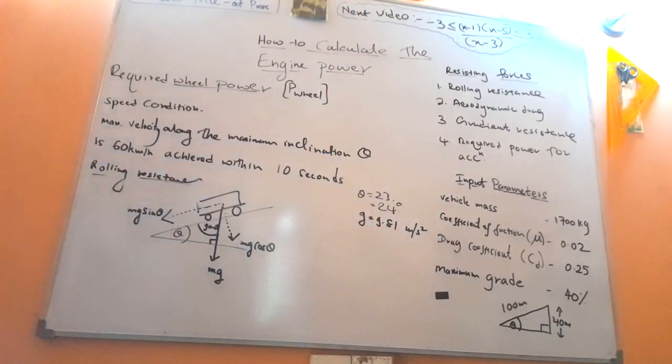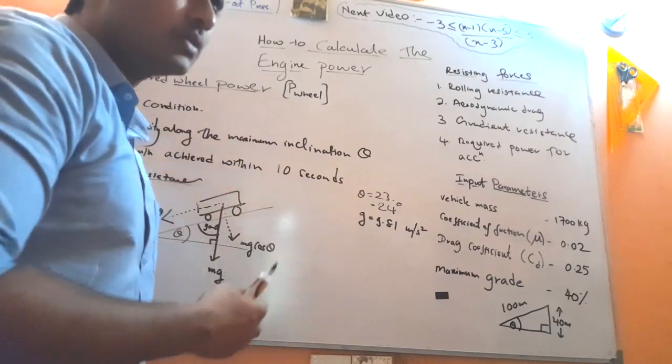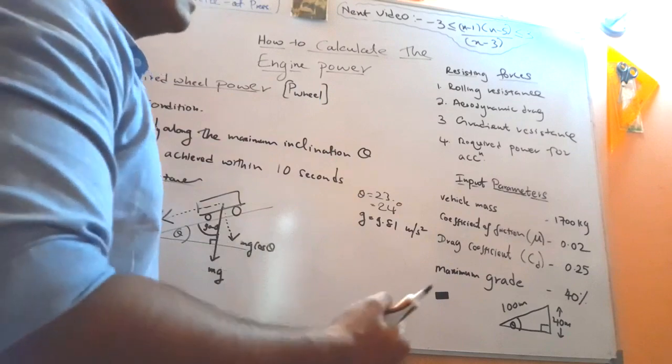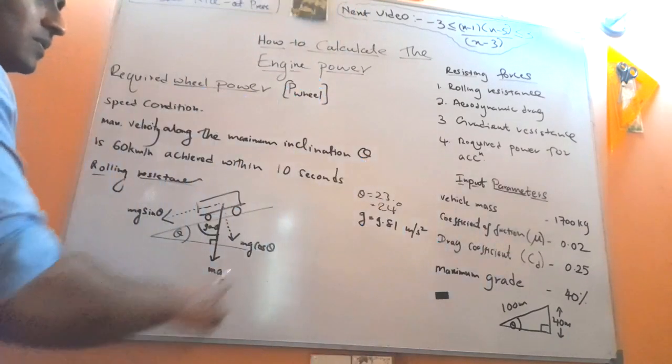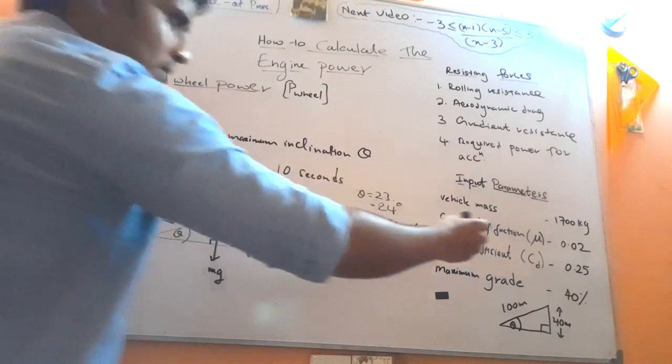So now what is the rolling resistance? Actually that is the resistive force due to friction. So what is the coefficient of friction? Mu, which is given here.